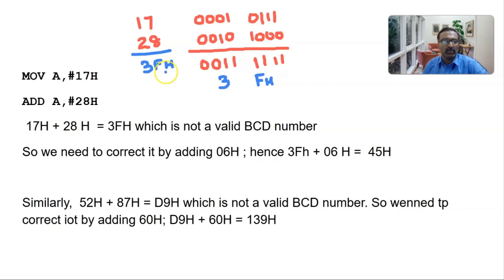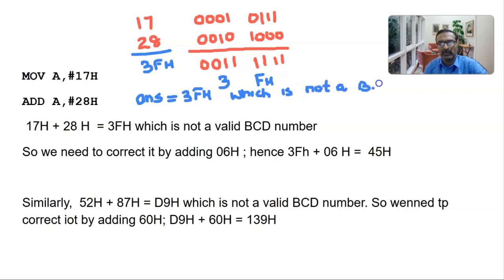Now let's see, your answer is 3FH, which is not a BCD number. Because F is not a BCD symbol. BCD has only numbers from 0 to 9. So this is not a valid number. Now how can you correct it?